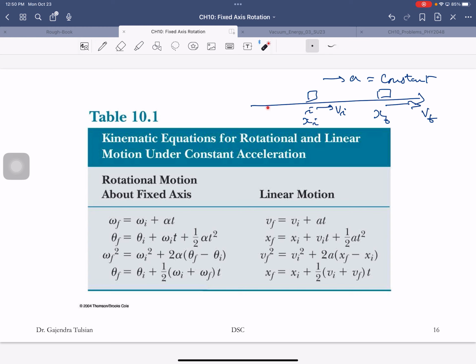When an object was moving in a straight line at constant acceleration, the initial velocity, initial position, final velocity, and final position were related, and they were given by these formulas.